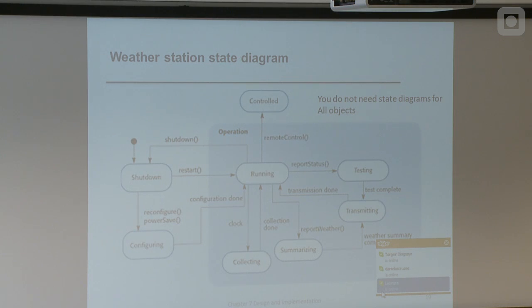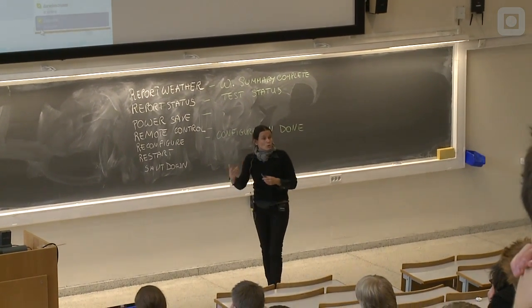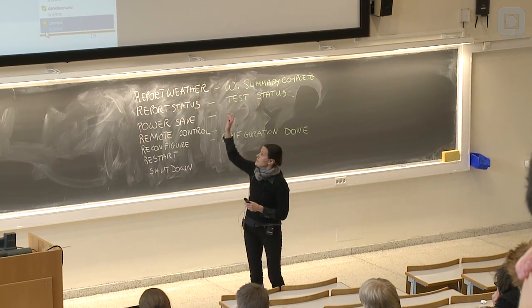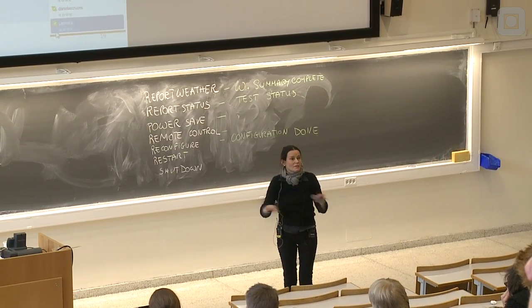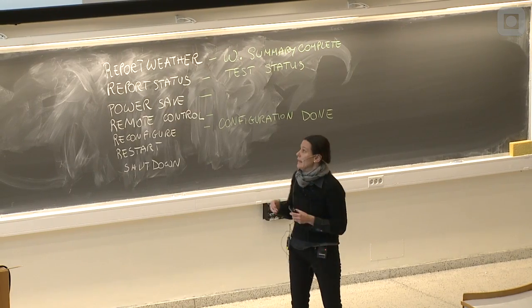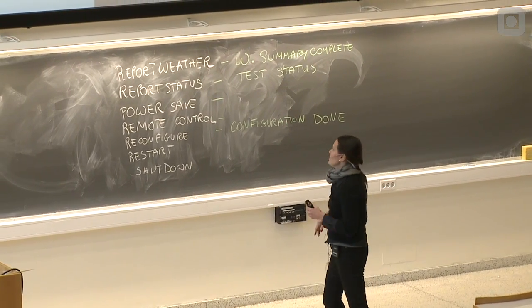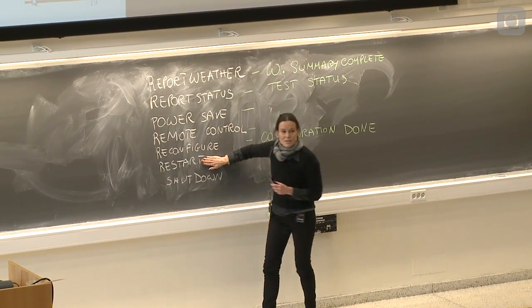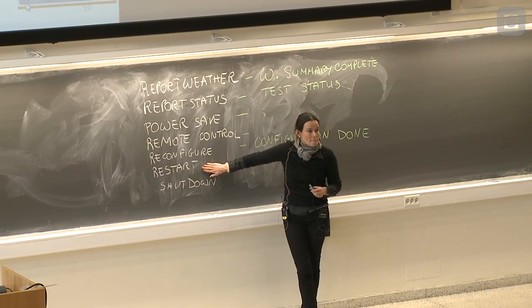It's the same shutdown that I see here. What does it mean? That when somebody issues a shutdown to the weather system, the system has to go into a state that it is shut down, and to get it up again, I will have to issue a restart that is the same restart that I have here.